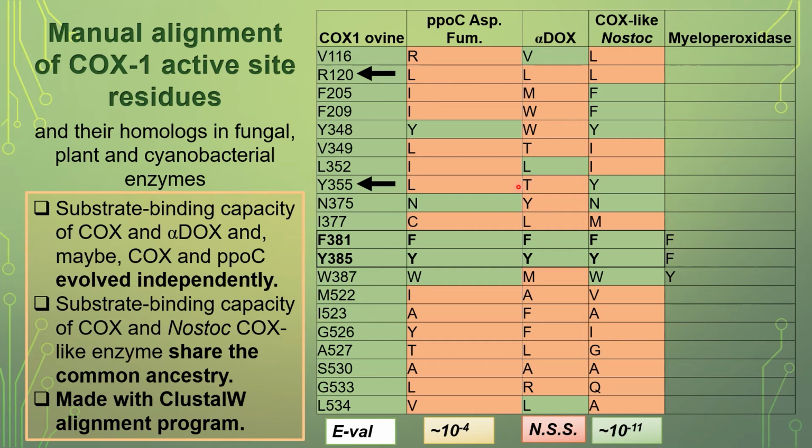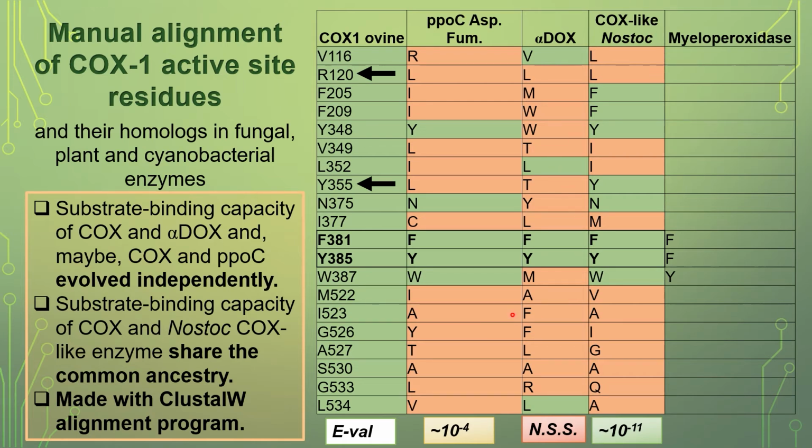Here we try to confirm this assumption by manual alignment of cyclooxygenase 1 active site residues with the enzyme of Aspergillus fumigatus, alpha-dioxygenase, and cyclooxygenase-like enzyme of Nostoc punctiforme.